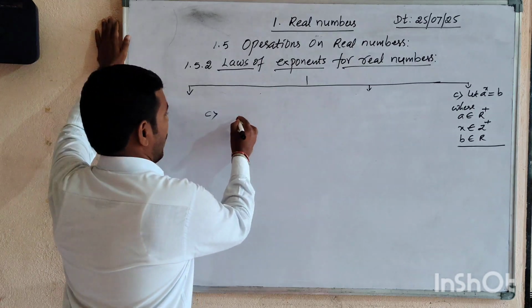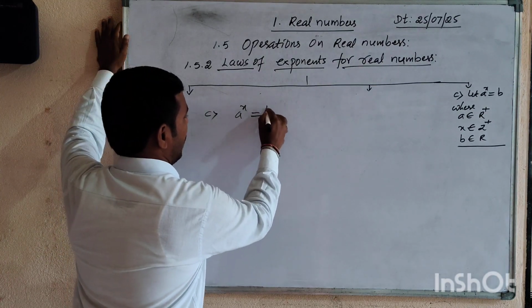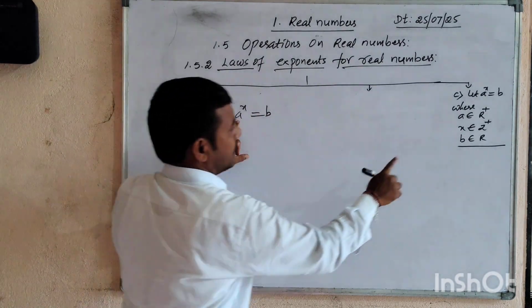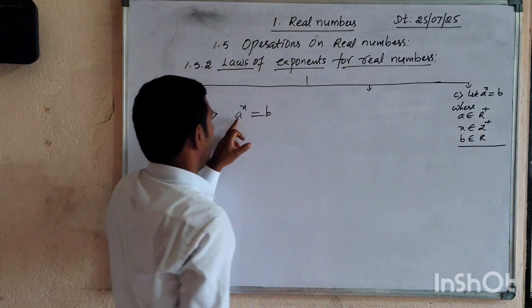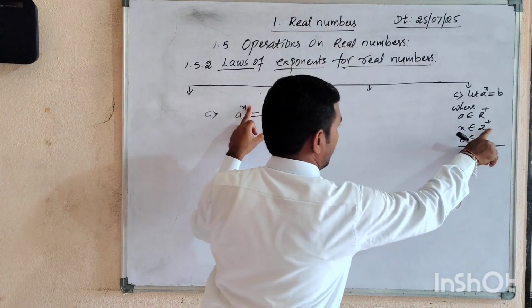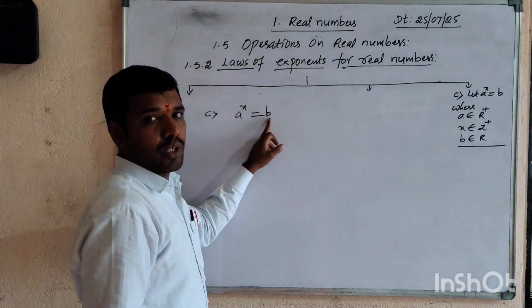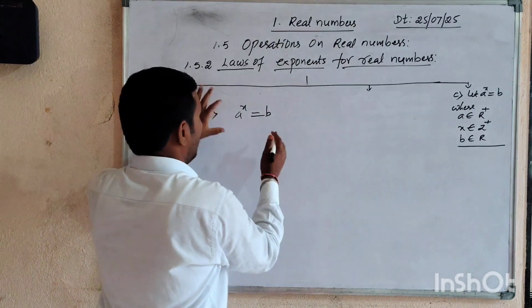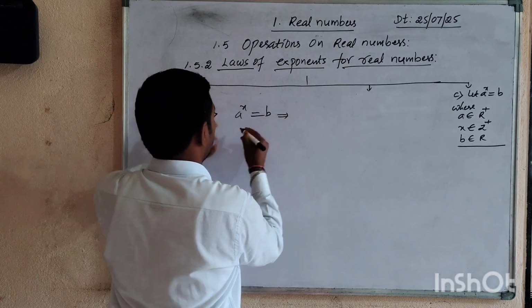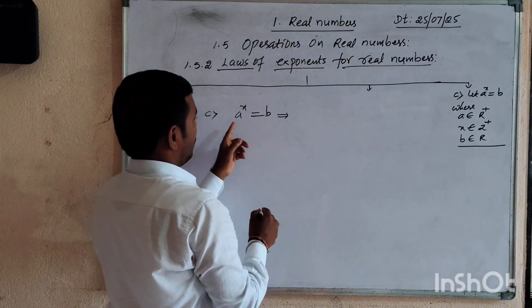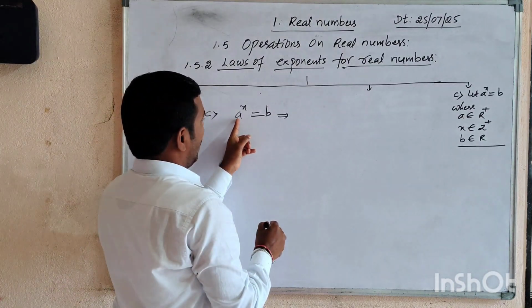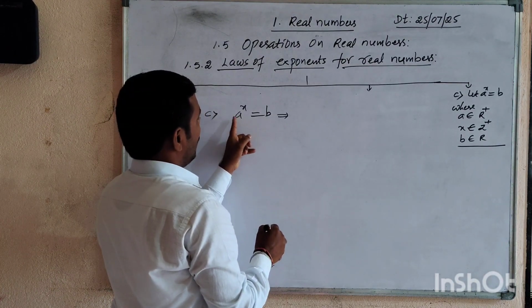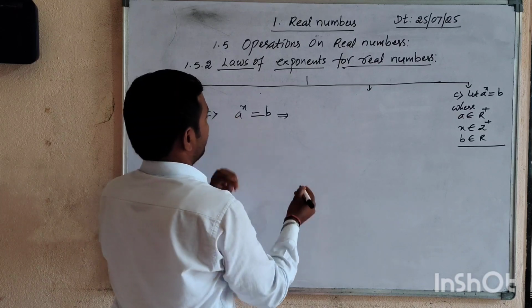Once again, a to the power of x is equal to b, where a is one of the positive real numbers, x is one of the positive integers, b is one of the real numbers. So based on this, before that, okay, it's a further step. See, further step. If you want a, what to do?